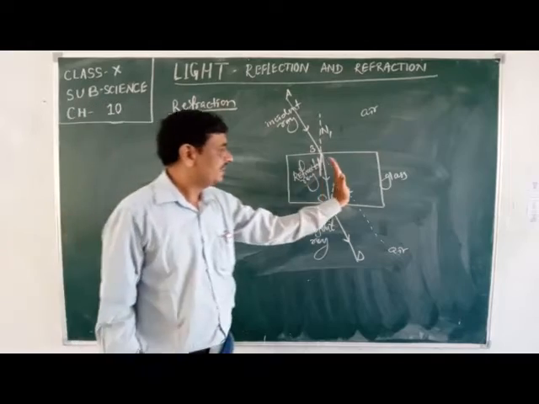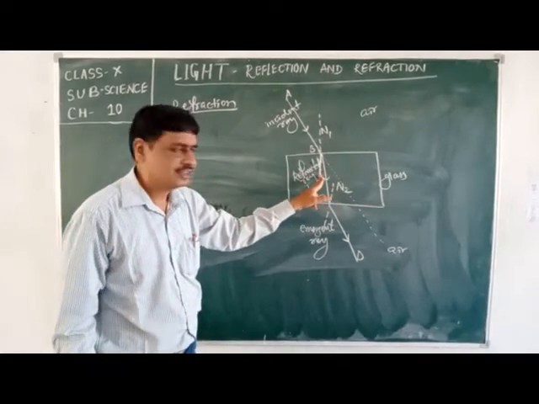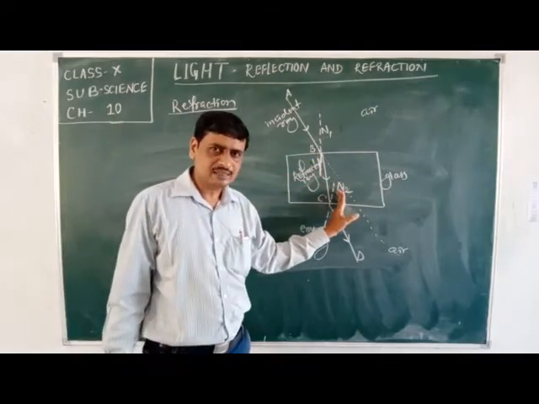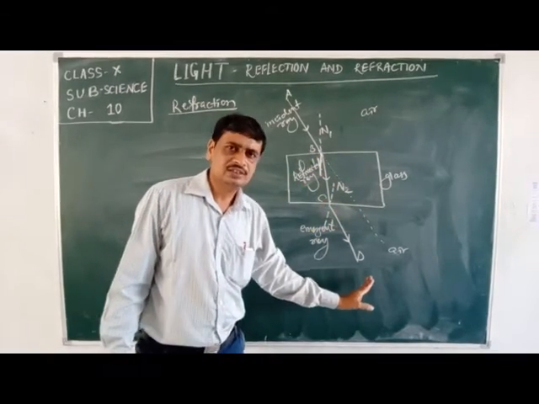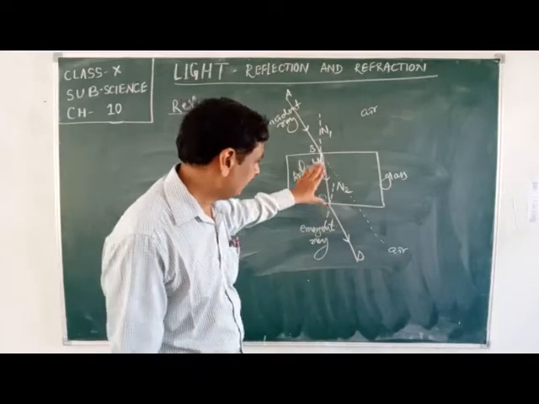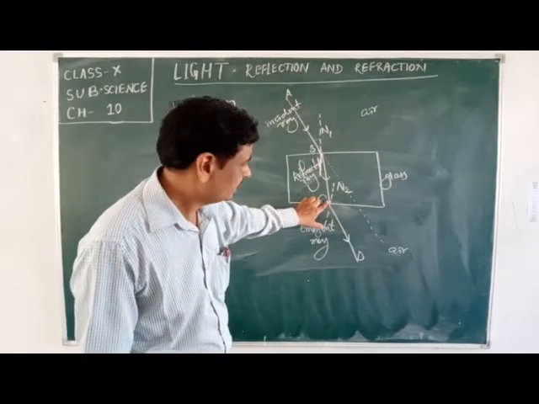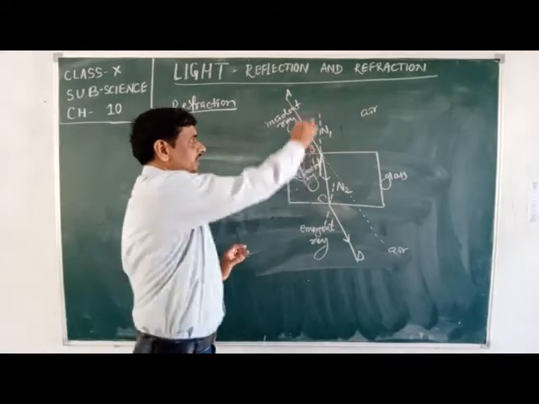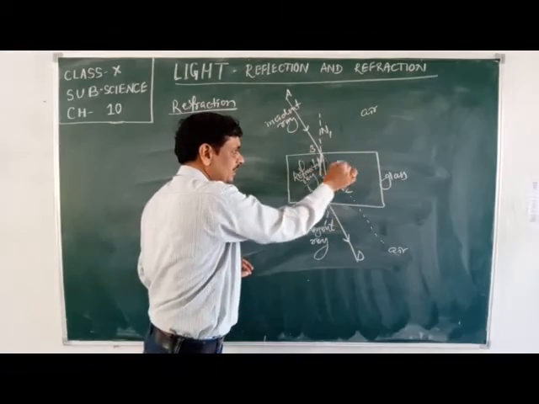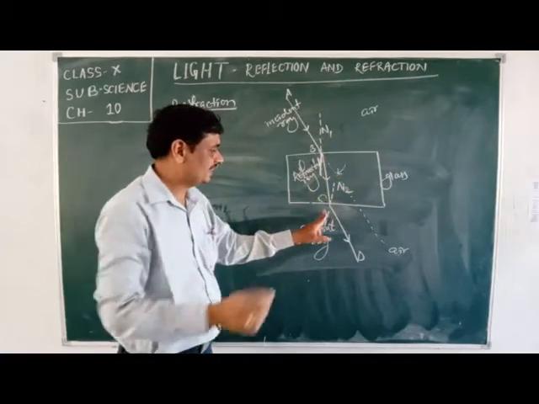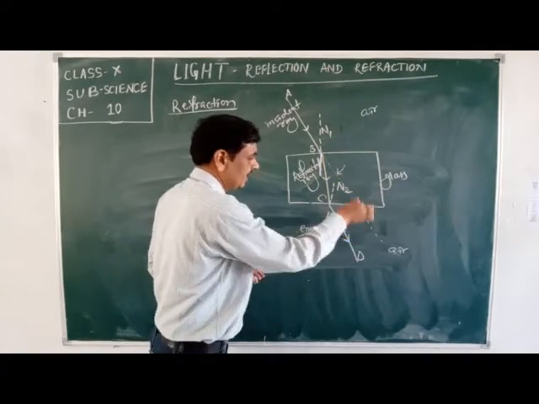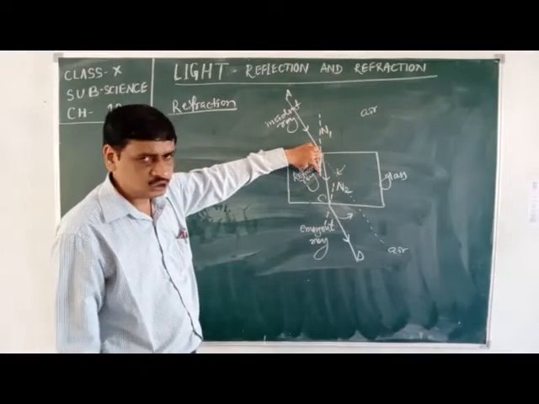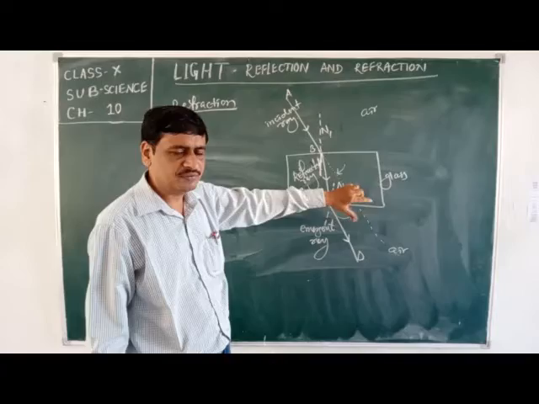But it is bending towards the normal. After passing the glass medium, when it comes out into this air medium, again it bends away from the normal. First, the ray of light is bending towards the normal in this way. Second, the ray of light is bending away from the normal. Two cases are analogous. First one, it bends towards the normal. Second, it bends away from the normal.